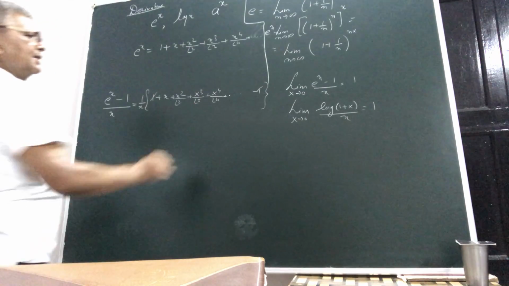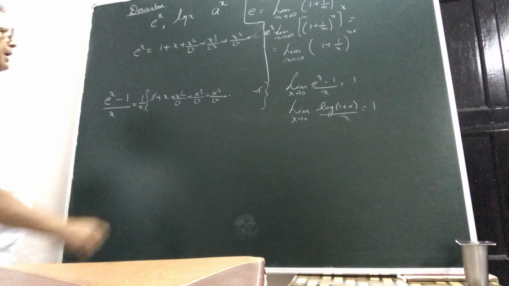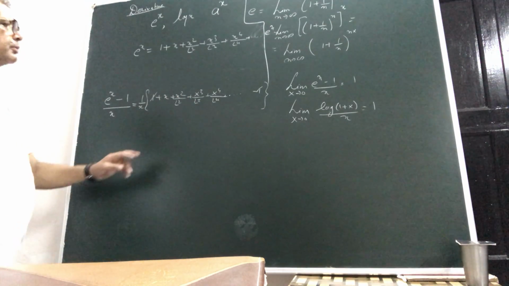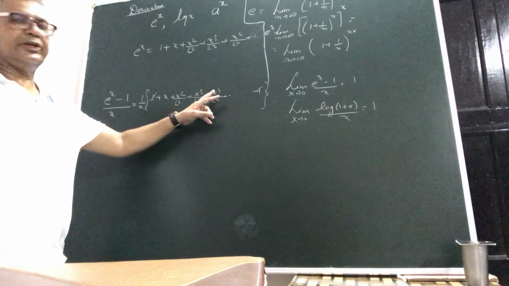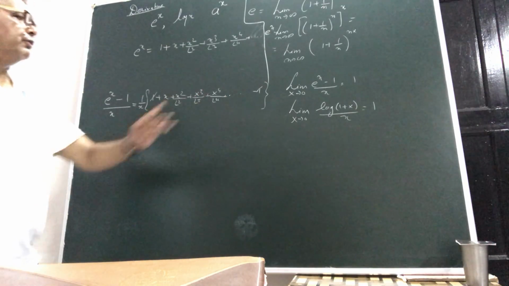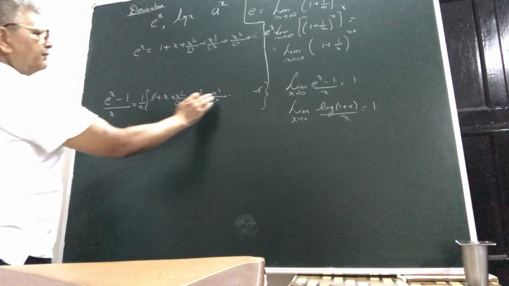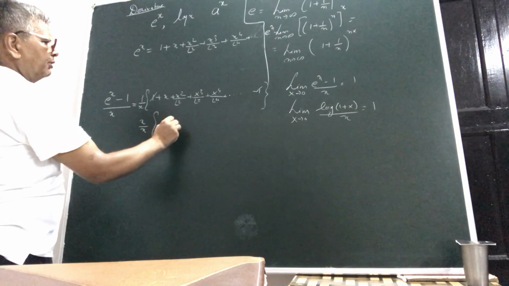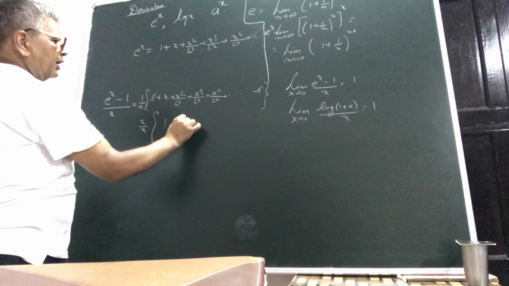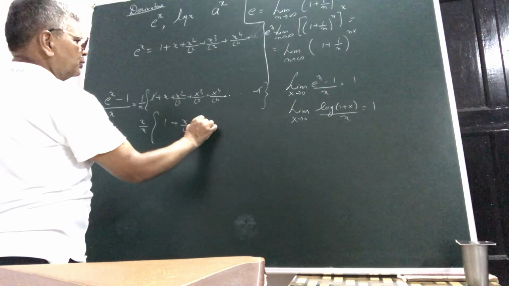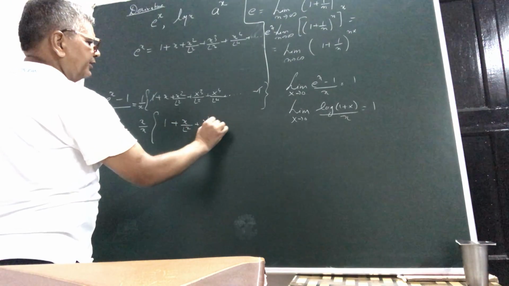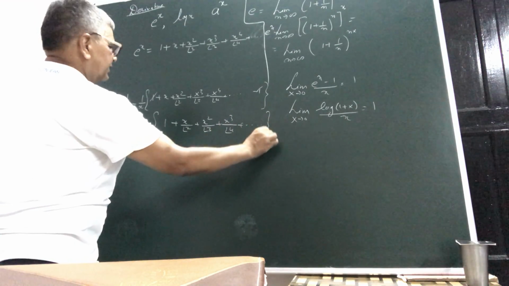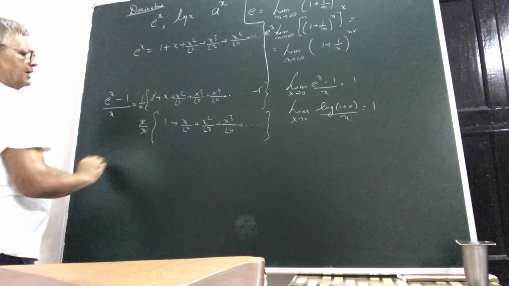This 1 and this minus 1 will cancel and you will be left with x plus x squared upon factorial 2 plus x cube upon factorial 3 plus x4 upon factorial 4 and so forth. Out of all these terms, you take x common, and when you take x common, you are left with 1 plus x upon factorial 2 plus x square upon factorial 3 plus x cube upon factorial 4 and so on, and x will cancel.